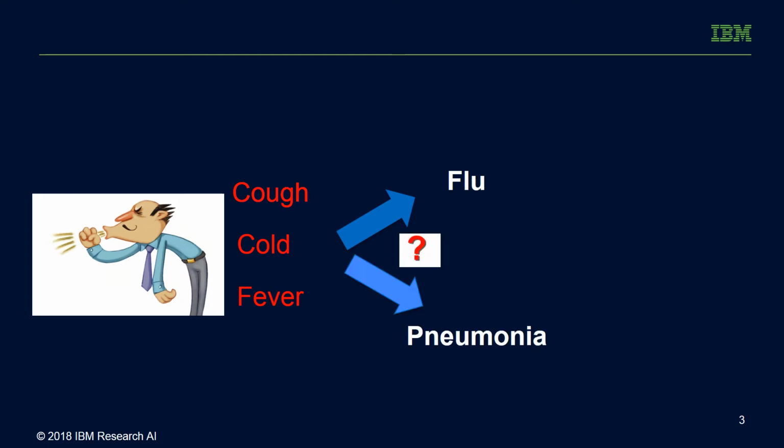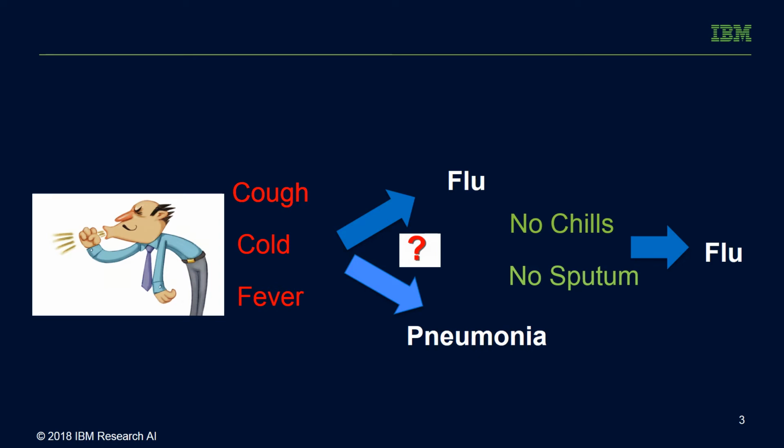And it's not clear from just these symptoms. However, the doctor may further check you and ask you if you had any chills or did you have any sputum. To which, say, you answer no, then the absence of these symptoms would lead the doctor to conclude that you have flu rather than pneumonia.